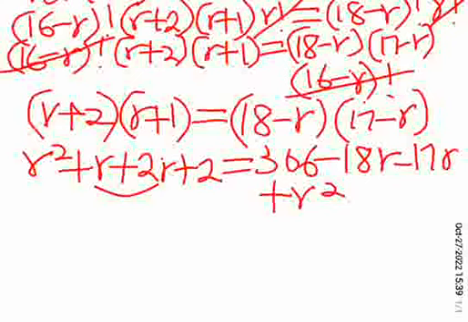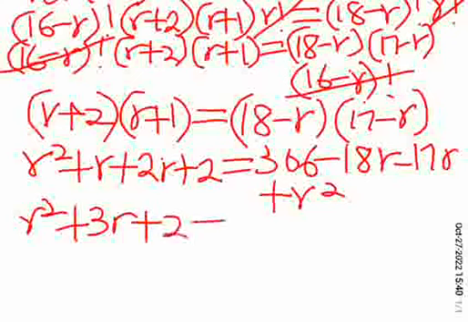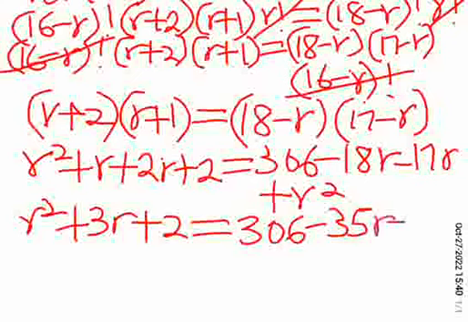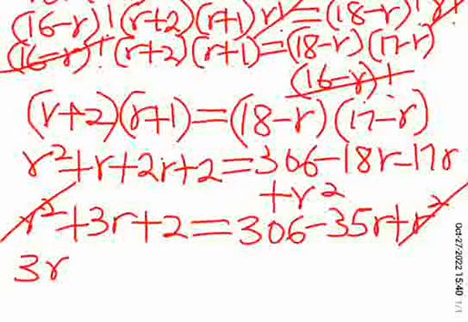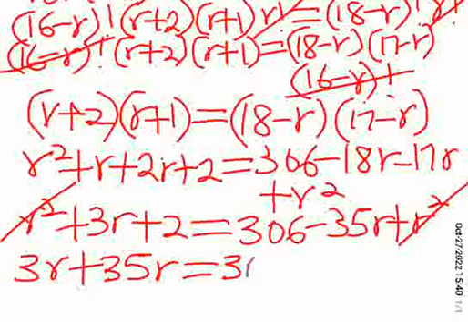These two are like terms, so they become 3R plus 2 equals, these two are also like terms, so on the right-hand side we have 306 minus 35R plus R squared. The R squared here cancels out the R squared there. Now let's collect like terms. 3R, if this 35R crosses to the other side, that is plus 35R equals 306.